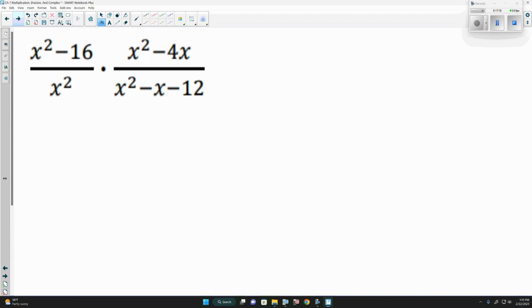Let's look at this one here. So again, when we multiply, the first thing we need to do is to factor. X squared is as simplified as it gets. It's a single term. There's nothing we can do to factor it. Now we just need to pick which one of the other 3 we want to factor first.